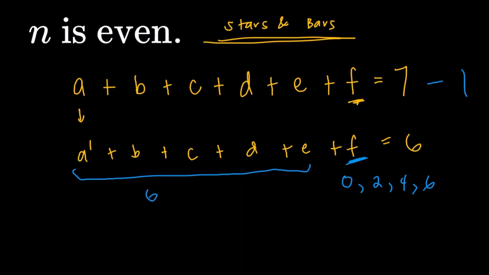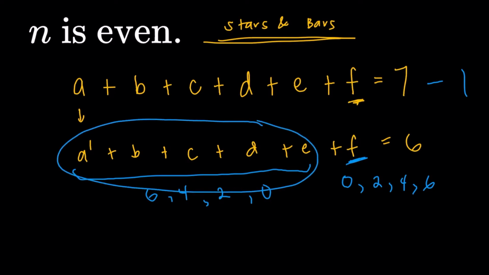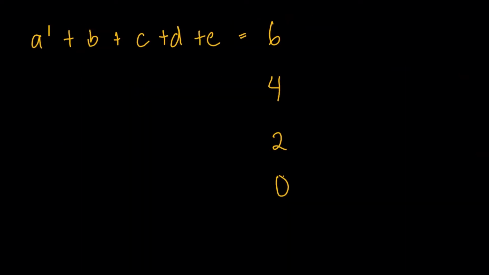If F was 2, it must be 4. If F was 4, this part must be 2. If F was 6, then this part would have to be 0. So we just have to solve for this one, because that's simple stars and bars with no restrictions. So we have 4 possible cases.